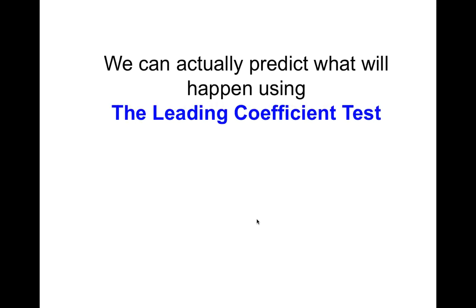So in order to understand it, and you should remember this from last year, we call it the leading coefficient test. You always look for the leading coefficient in an equation. And then based on whether the degree is even or odd, and whether the coefficient is positive or negative, you'll be able to predict what the end behavior of the graph will look like.